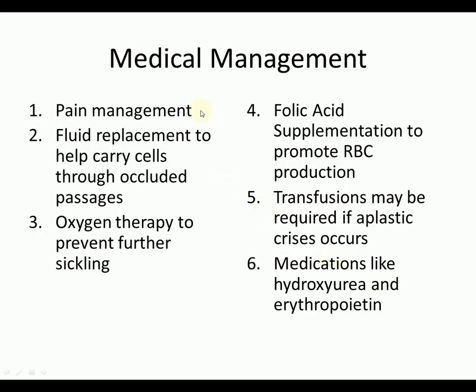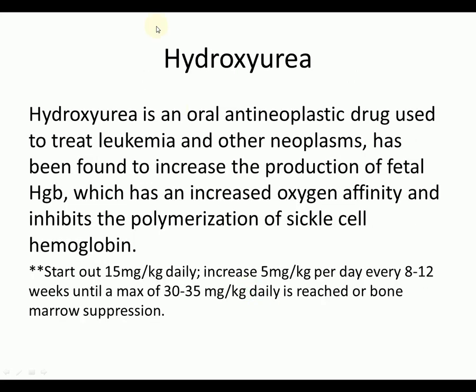Medical management, you're going to have pain management, fluid replacement to help carry the cells through the occluded passages, oxygen therapy to prevent sickling, folic acid supplementation to promote red blood cell production. They may have to have transfusions, especially if there's an aplastic crisis that occurs, and medications like hydroxyurea and erythropoietin. The hydroxyurea is an oral anti-neoplastic drug. It's used to treat leukemia and other neoplasms.